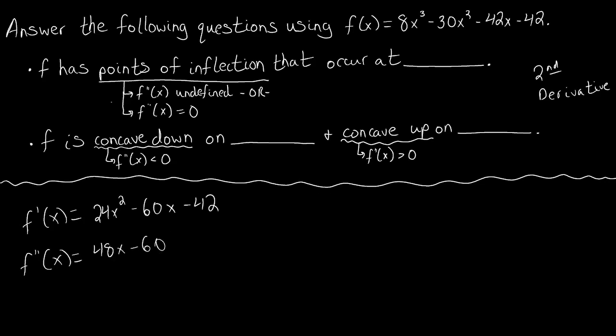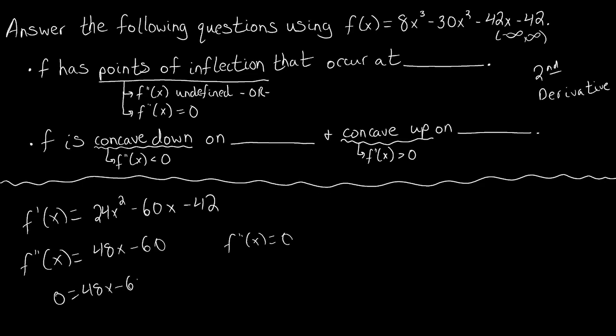We see that our second derivative, at least, is defined for all x's that we're dealing with, because again, we're on the interval of negative infinity to positive infinity. So this linear function here is defined everywhere really. So all we're really concerned with is where the second derivative equals 0. So let's set this equal to 0 and solve for x.